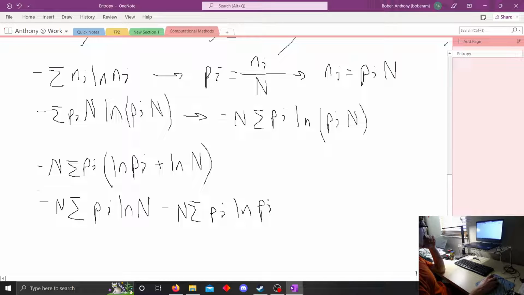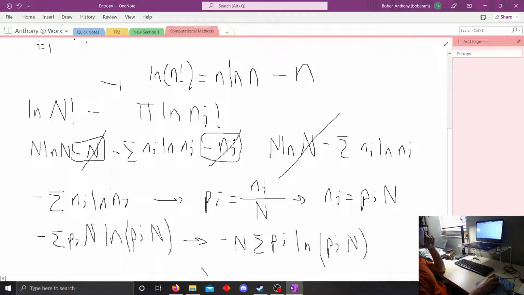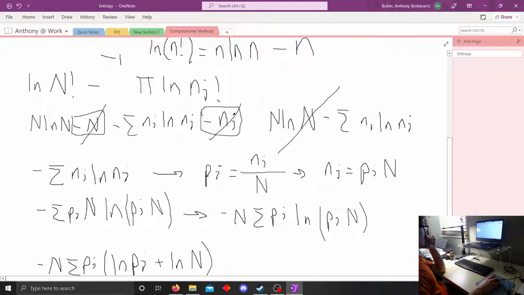So when we actually format it like this, we're actually able to remove this term here, because the summation of probabilities is equal to 1. The summation of all probabilities is equal to 1, so we cancel that, and then we're left with this negative n times the natural log of n, which, if we come up here, we cancel this because we don't care about a term with only big N, because it's going to stay as a constant.